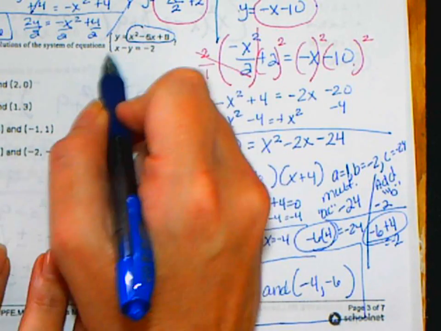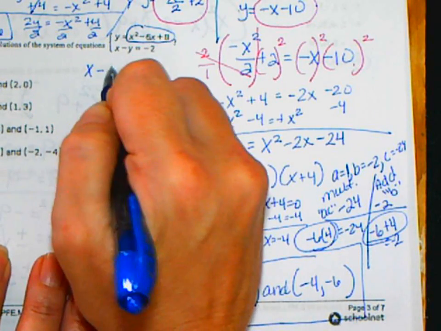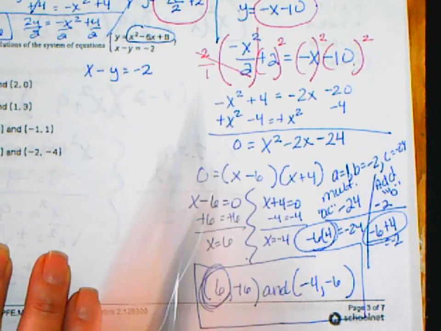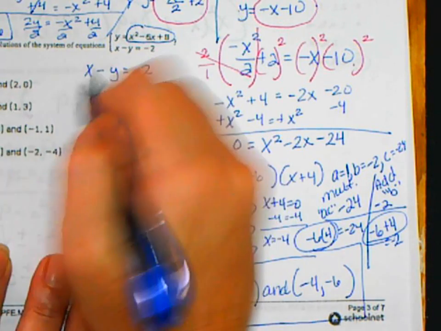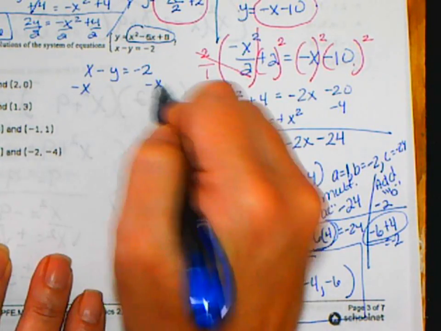So I'm going to take this equation and I'm going to isolate my y. That means get the y all by itself. So what should I do? Plus 1. I can either subtract x or add y. It doesn't matter, right? I'm just going to subtract x.